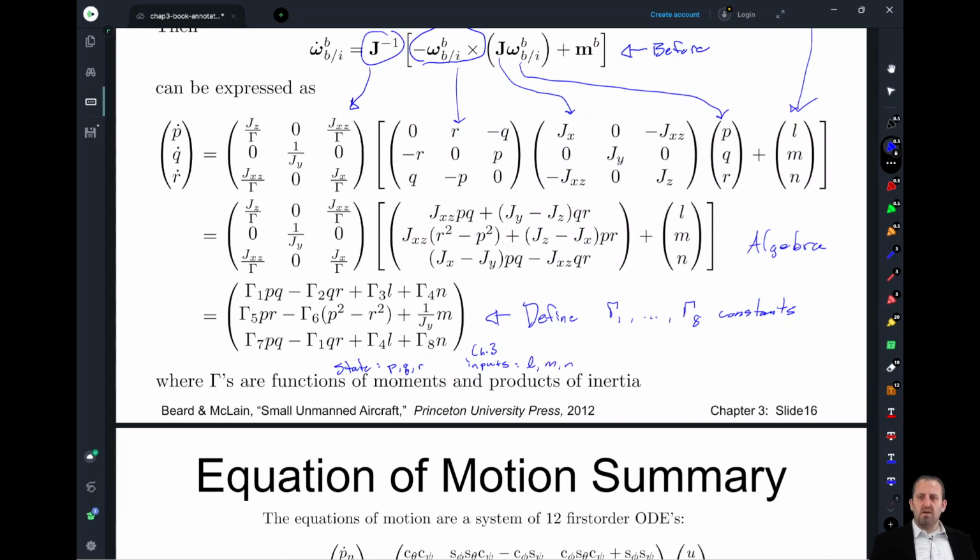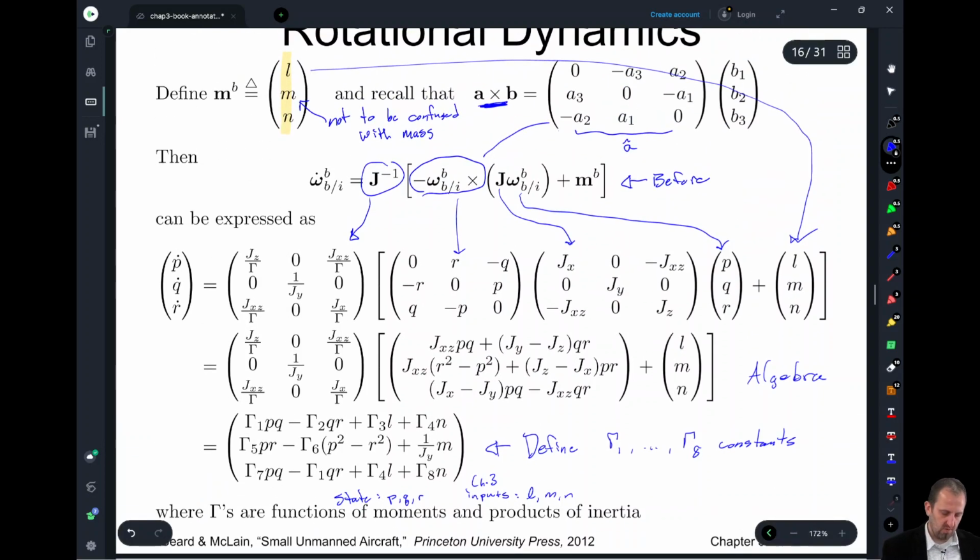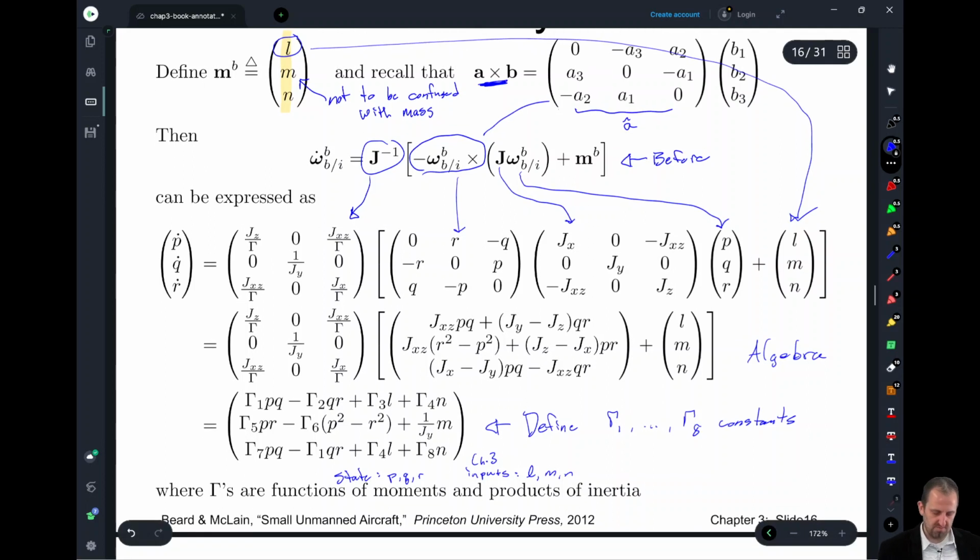Now, in the previous lecture when we looked at the simulation, we saw that even though L, our moment about the x-axis, largely affects rotation about the x-axis, the aircraft actually started to wobble when we saw non-zero terms.